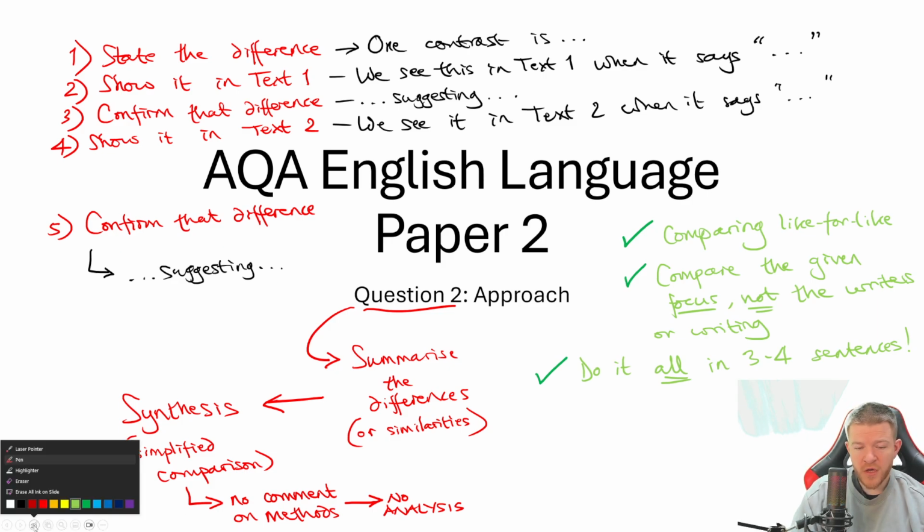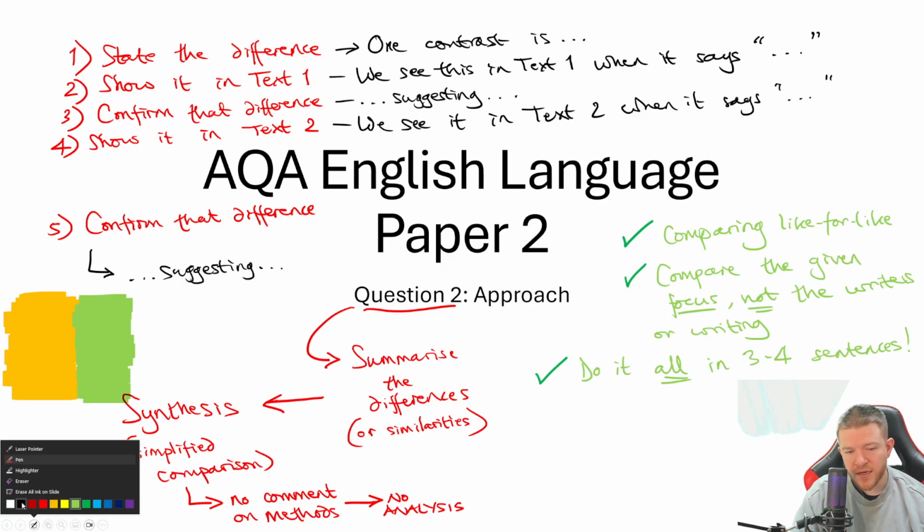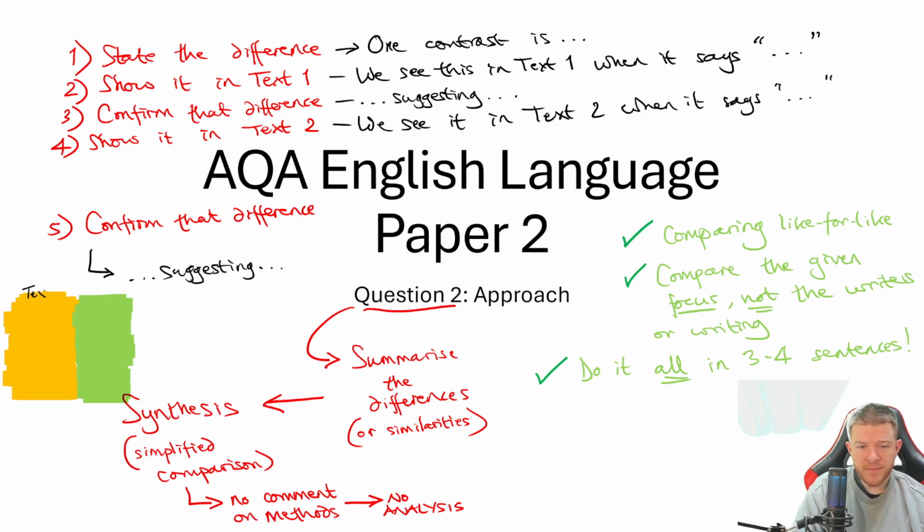All you're going to do is have your two texts side by side. In a perfect world, you would be able to have them in the insert side by side, but sometimes that's not possible. So sad times. But you're going to have your two texts side by side like this. Excuse me, let me change my color. Here's text 1, and here's text 2.